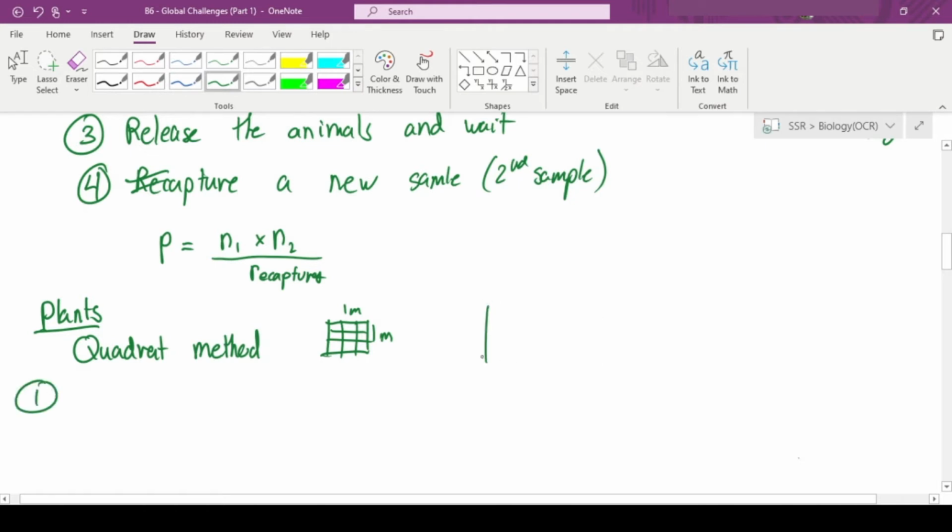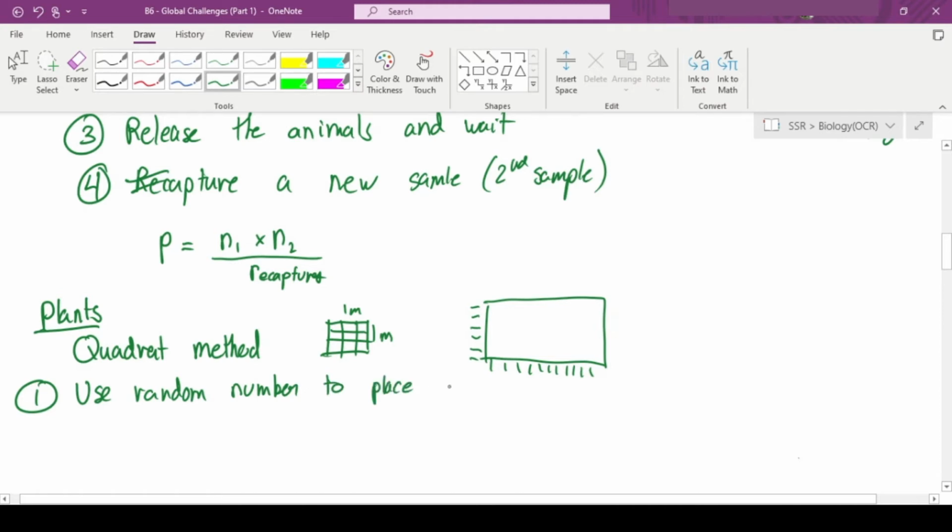And so your first step is to figure out your field. So if this is the field we're going to sample, we need to establish a set of coordinates on that field. And then what you're going to do is use a random number generator to get coordinates on that field. And that is what you're going to use to place the quadrat.